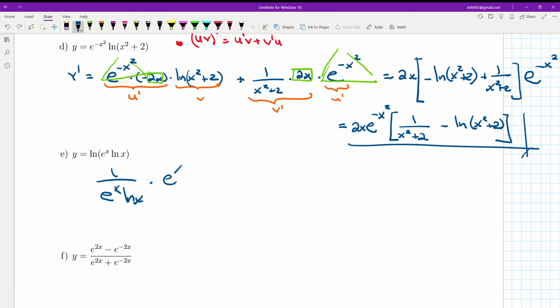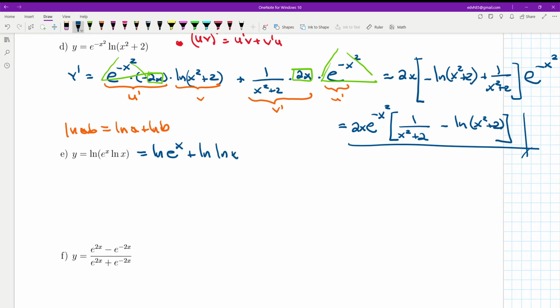That's because we can use properties of logarithms, that is, ln of ab equals ln of a plus ln of b. So let me rewrite the function: ln of e to the x plus ln of ln x.